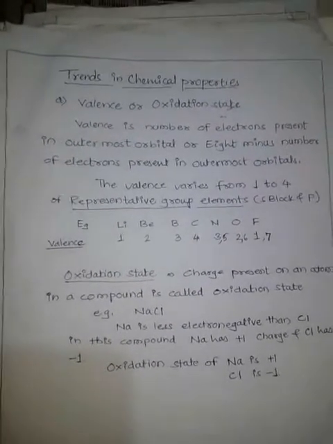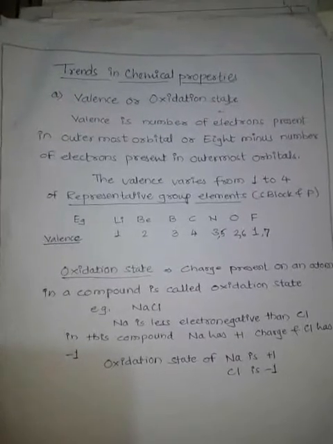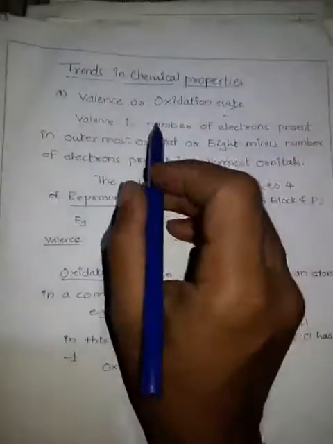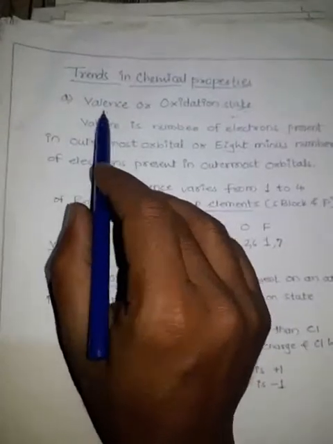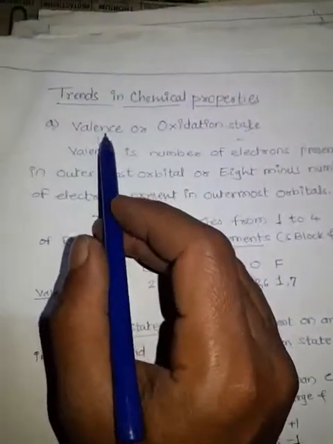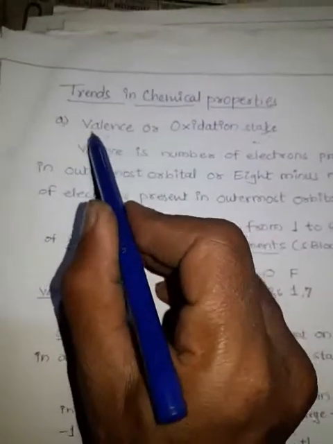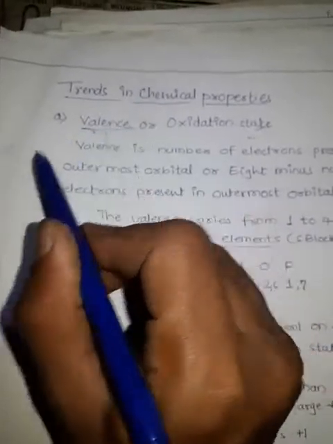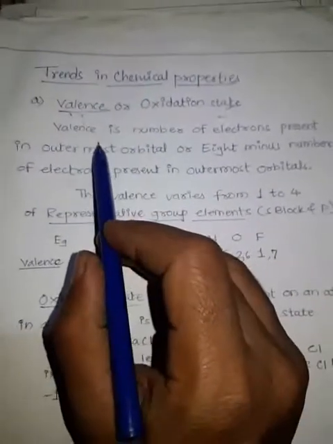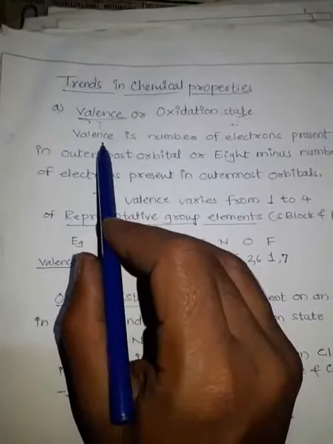So under the chemical properties, the first thing we are going to discuss is valency. What is meant by valency? What is its definition?